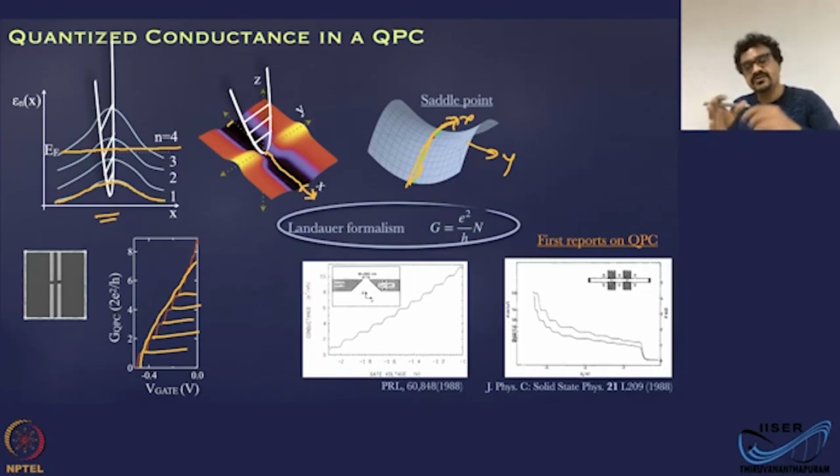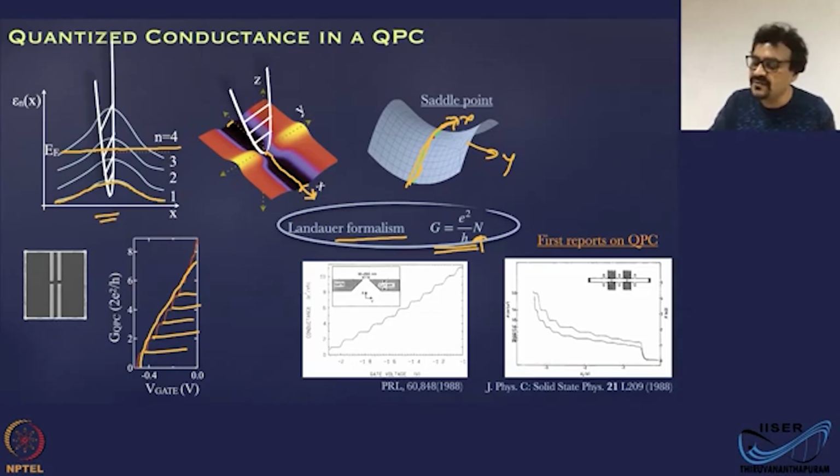Okay, and we have also defined that this device performs in the ballistic transport regime. What that means is the dimension of this constriction is much smaller than the mean free path. So you don't need to worry about any reflection or scattering inside the channel. Okay. So as per Landauer formalism, the conductance should go in a step-like manner with the number of channels.